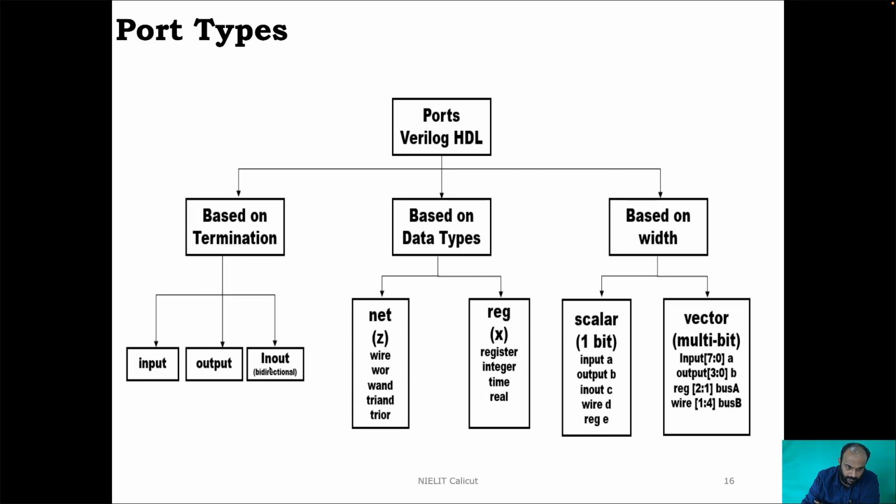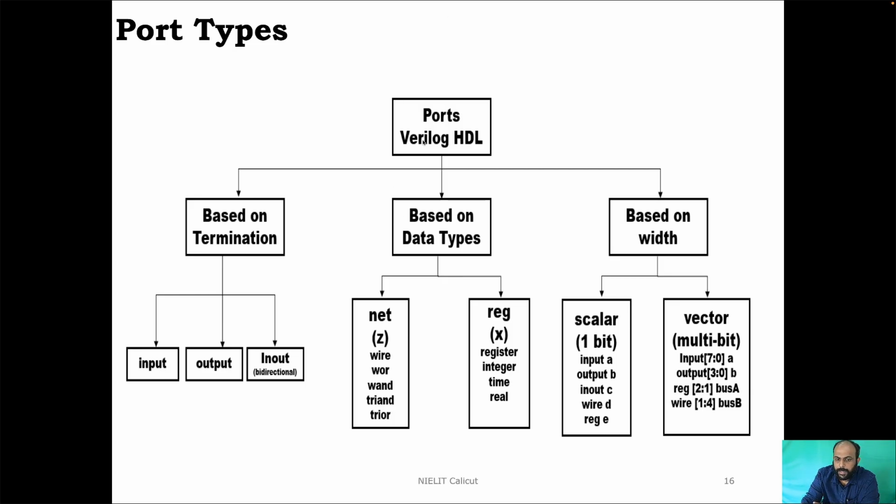Inout is a keyword, and the whole of inout should be written in small letters only. The keyword inout is used for those ports which are bidirectional in nature, that is, the port enters into the hardware as well as exits the hardware. Such ports are declared by the keyword inout.